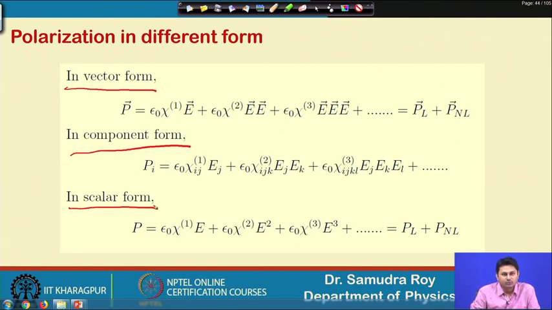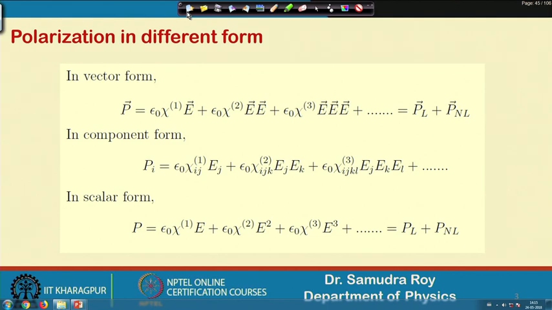In any nonlinear optics book, you will find that the polarization is always defined by these three forms, either in vector form, component form, or scalar form. Every form has its own significance. So, let us try to understand the three different forms in more detail.